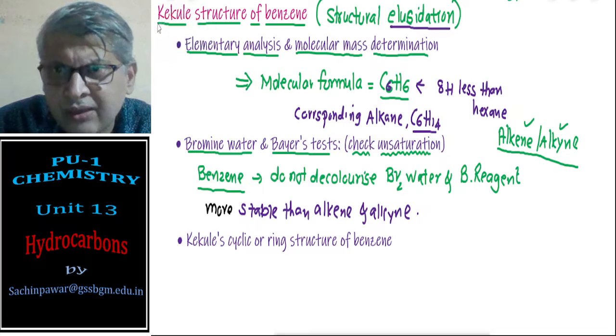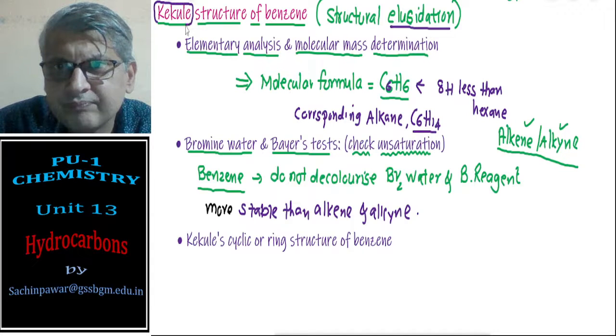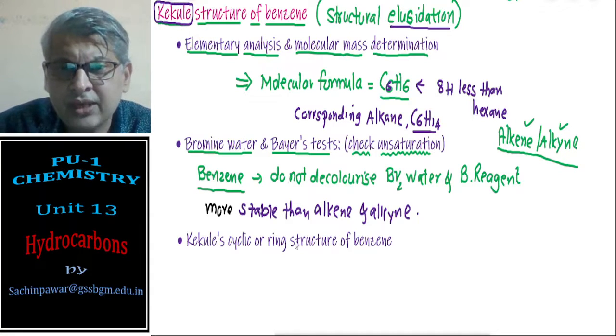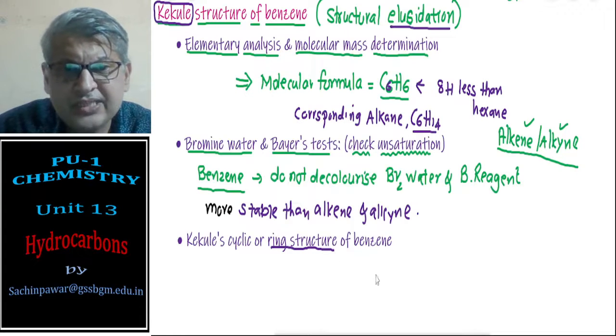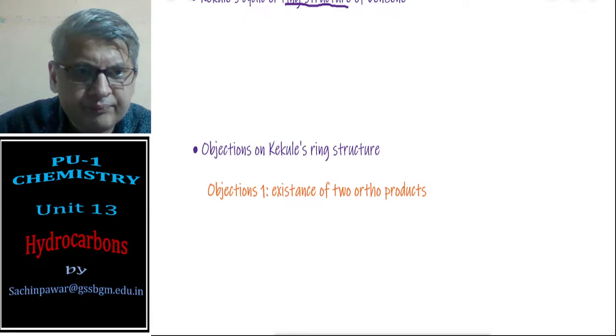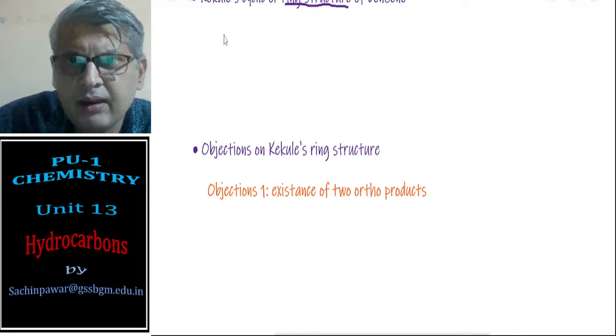Based on this, what Kekule did is, he proposed a ring structure for benzene. And the ring structure of benzene proposed is like this.